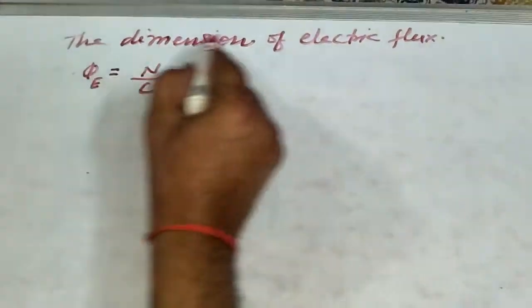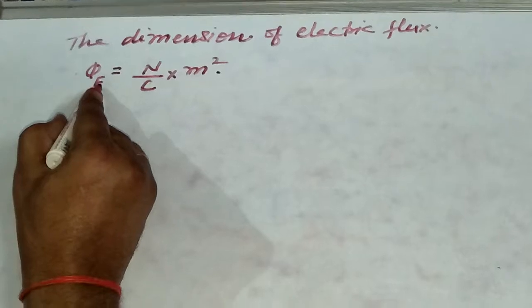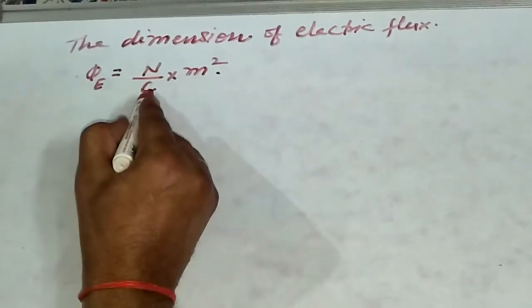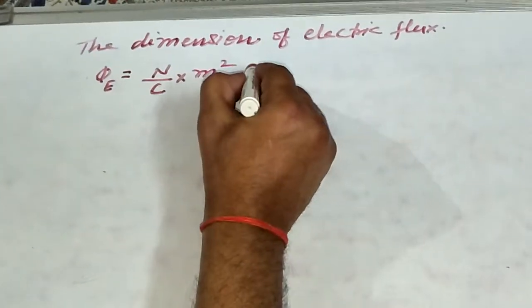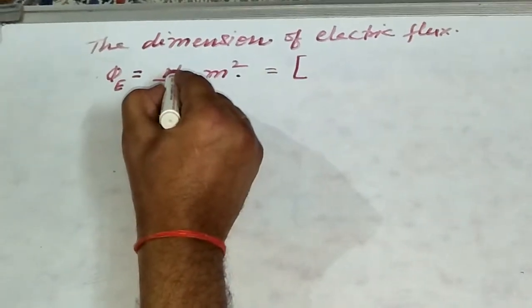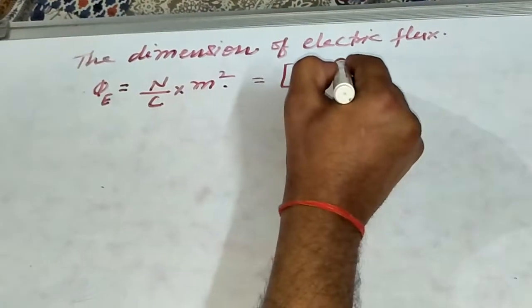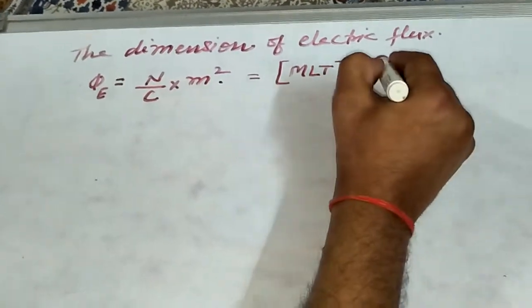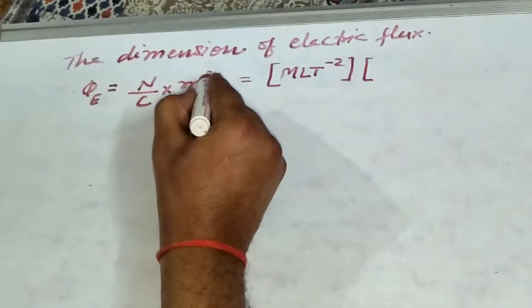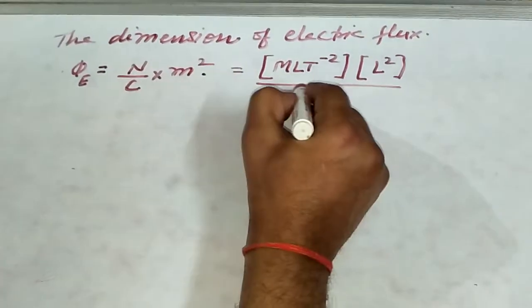And how can we find the dimension of the electric flux? As you know, the unit of electric flux phi E is Newton per coulomb into meter square. So its dimension you can write here. The dimension for Newton, the unit of force, is M L T to the power minus 2, into meter square means L square, upon coulomb.